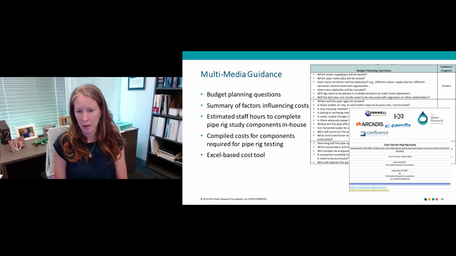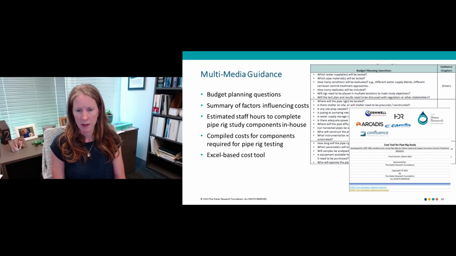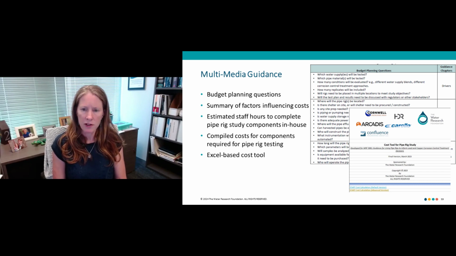So if you're embarking on a pipe rig study and you want to know how much a pump is going to cost, or how much it is going to cost to harvest lead service lines for pipe rig testing, all of that's documented in the cost tool as a resource. And then the cost tool itself is a tool to estimate the cost for doing a pipe rig study. You can also do scenario planning with it.